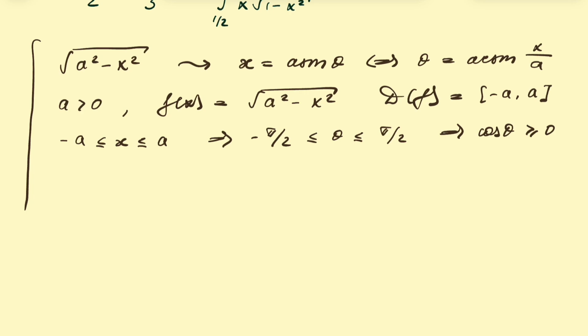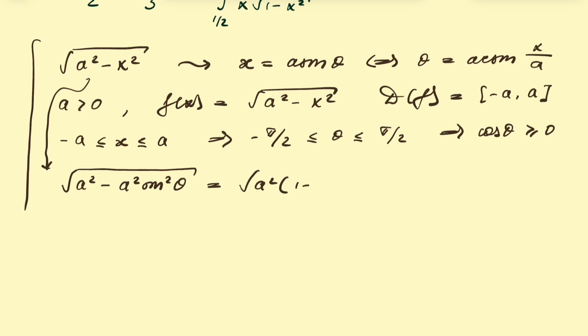namely here. After this substitution, we go back to the expression that we had, and we can write this as a squared minus, instead of x, a times sine of theta, squared. We can write it as a squared times 1 minus sine squared of theta, right?